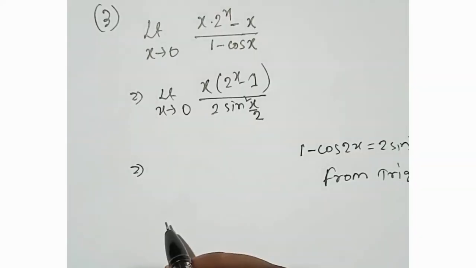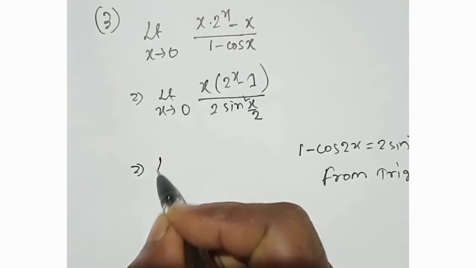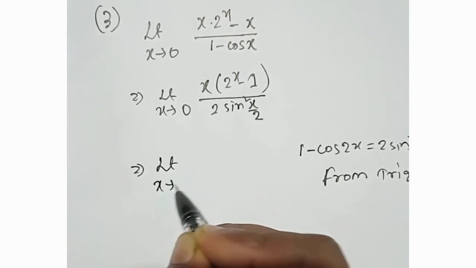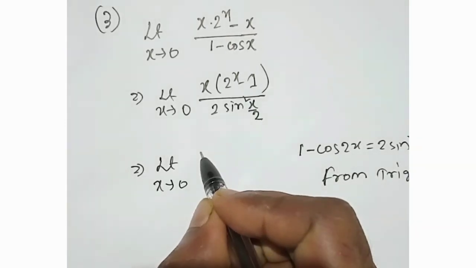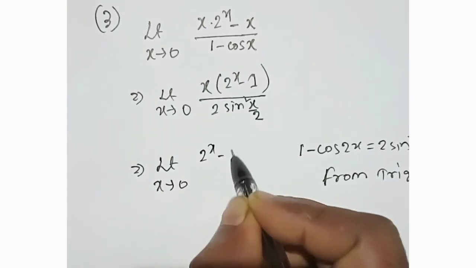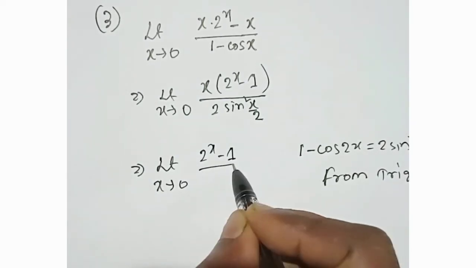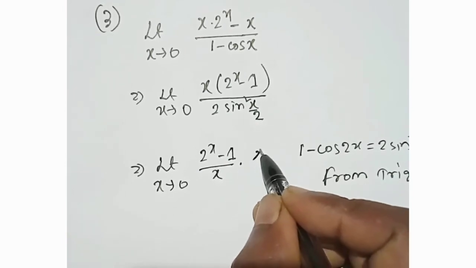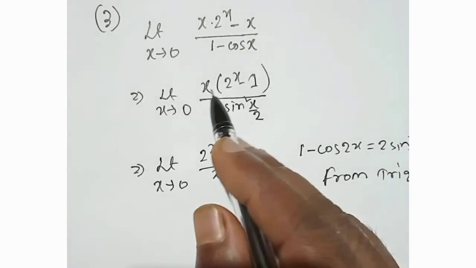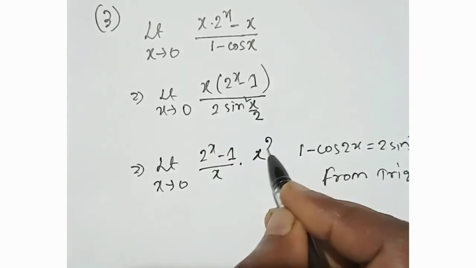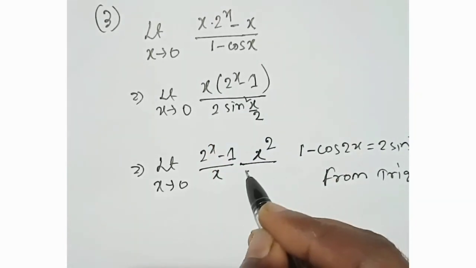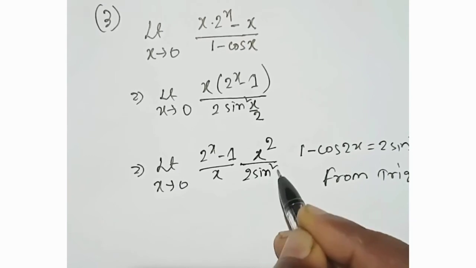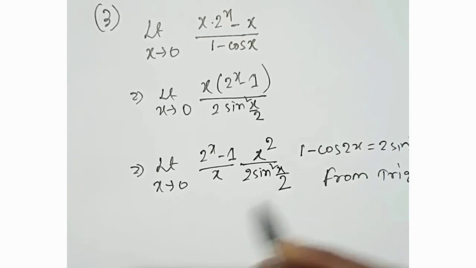So guys, next line, let's just arrange it. Limit x tends to 0, let's take (2 power x minus 1) with 1 by x here. So for that reason there will be 1 by x here, and also there is one more x, so this will be total x square by 2 sin square (x by 2), right?